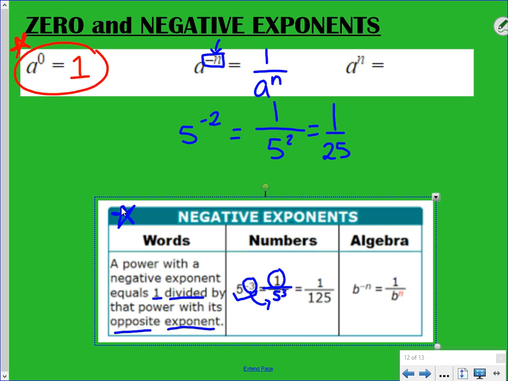So a to the positive n power could be written as 1 over a to the negative n power. So they are opposites.